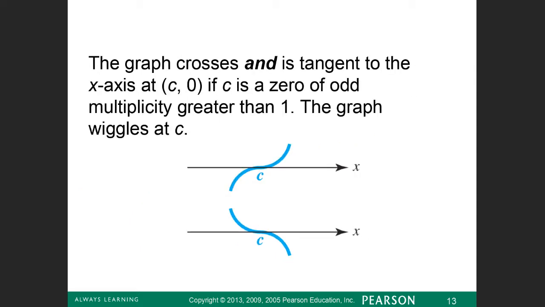The third behavior is when it touches the x-axis and then it wiggles downward. So it's a cubic curve. You've seen this in the previous section also.